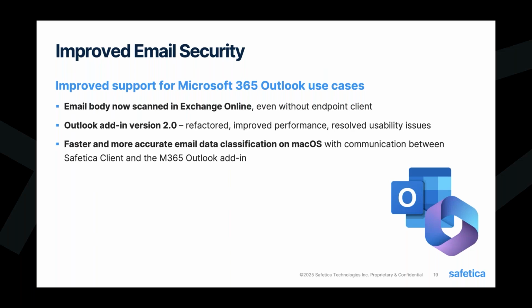So now there are three big things that we managed to do. One is that we are now scanning emails in Exchange Online, even without endpoint clients. So now regardless of whether an email has seen a Safetica endpoint client or not, it goes through the integrated Exchange Online service, and now we are able to scan the message to find whether there was any sensitive information included.